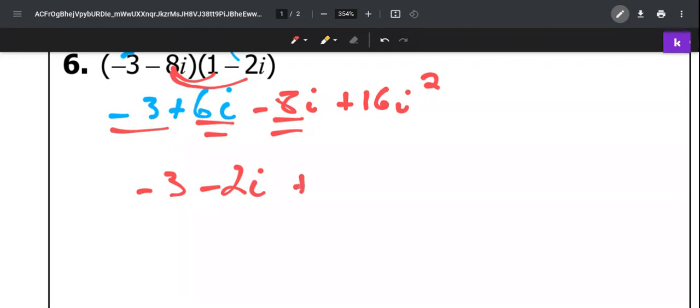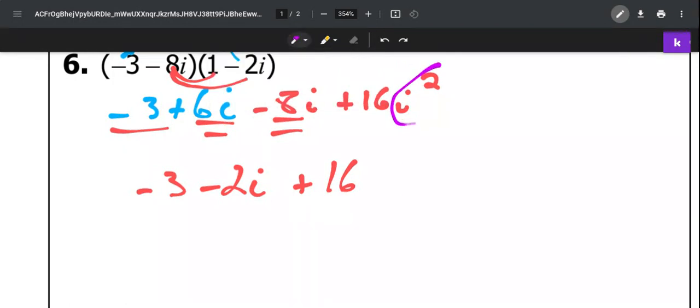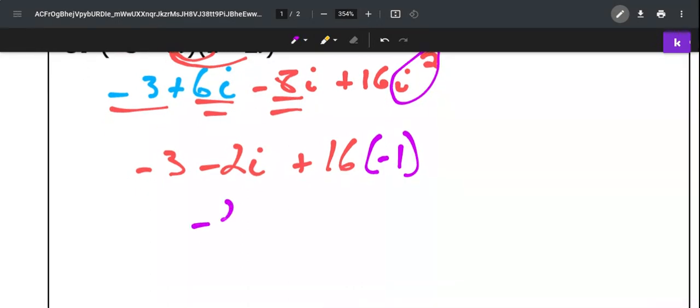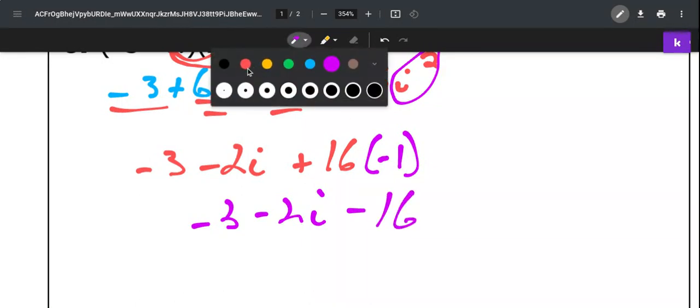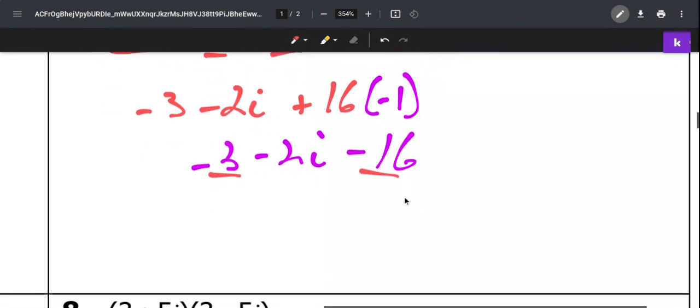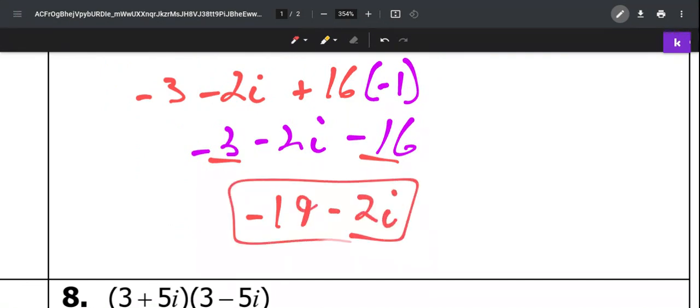Now, this plus 16, we can change this i squared to -1. So now I'm left with -3 minus 2i minus 16. And now I do have a like term here and here for -3 and 16. So that would give me -19 minus 2i. All right.